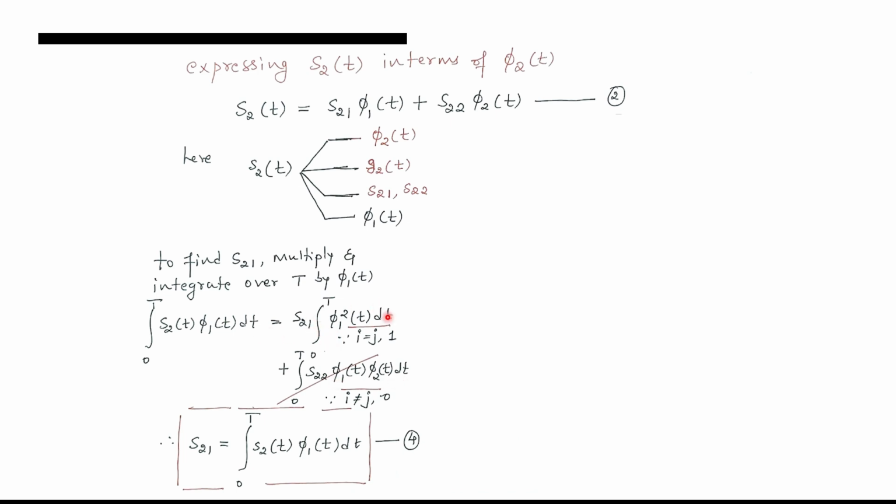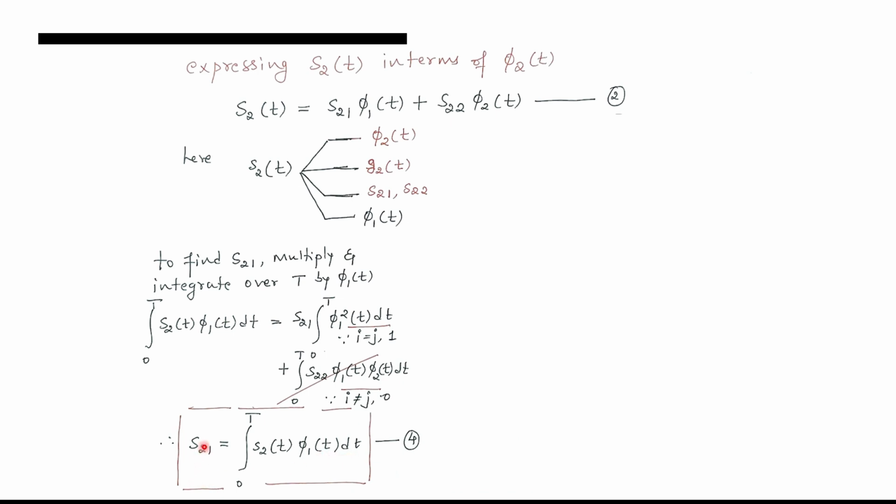When we observe the right hand side, the first term forms an orthonormal basis function, because i is equal to j. Therefore, the term within this integration yields 1, or unit magnitude. The second term on the right hand side has i not equal to j, therefore it yields 0. Therefore, we write S21 as integral 0 to T S2 of t phi1 of t dt.